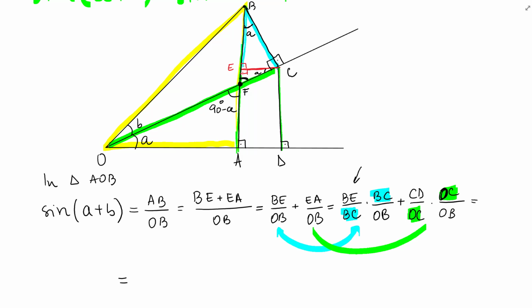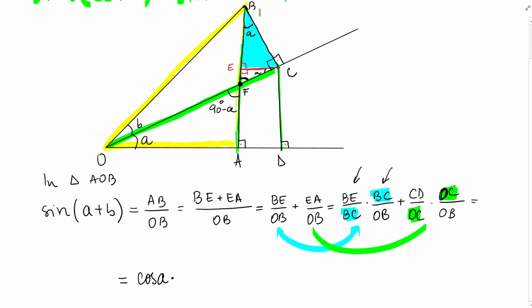So now, looking at the blue triangle, this one, the side BE over BC means cosine of A. So let's write cosine of A times. Now let's look at the second fraction, BC over OB.